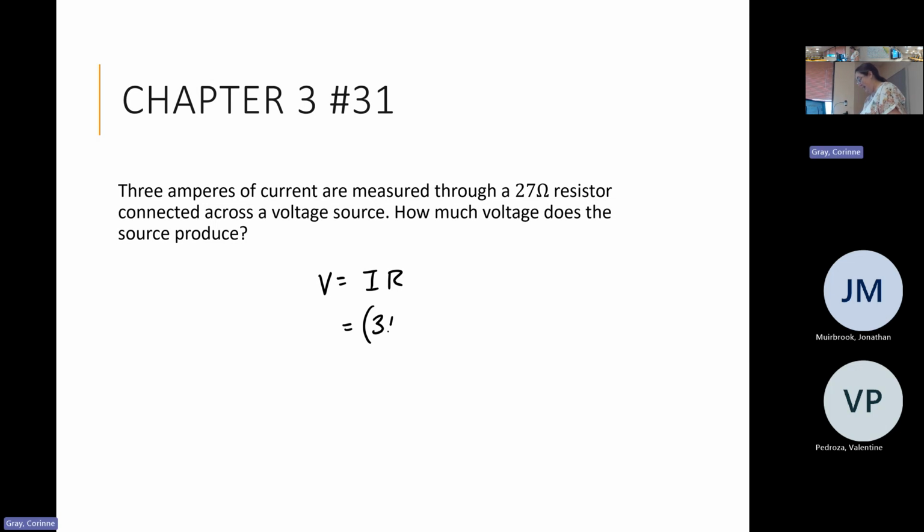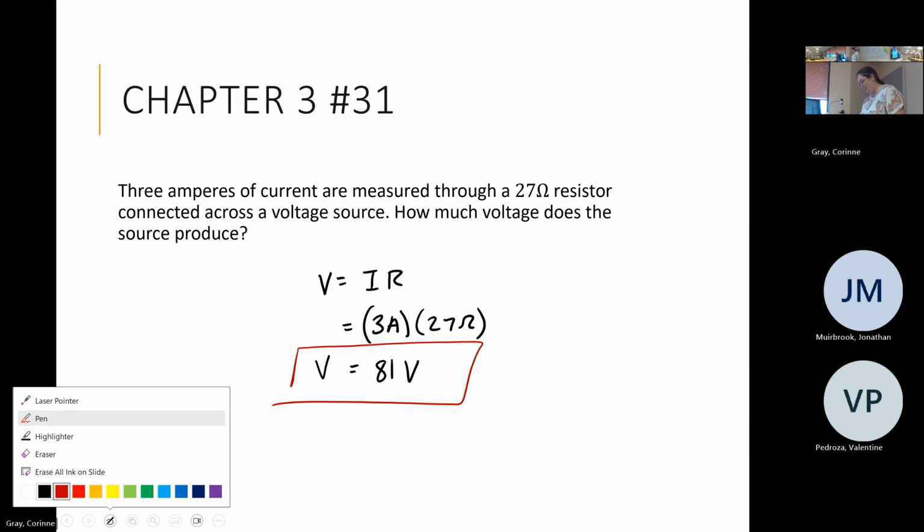In this case, I had to read the number 3. It wasn't shown as a number 3, so I had to sit there and process it for a second. 3 amps, 27 ohms, 81 volts. Any questions about 31?